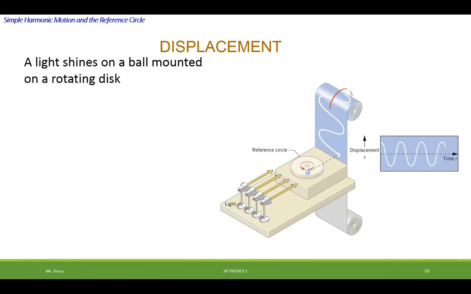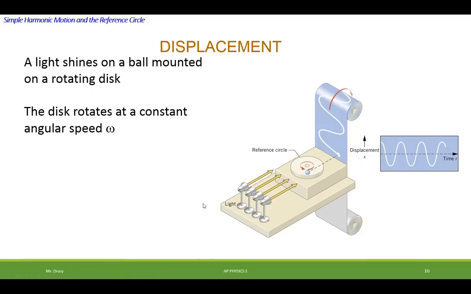All right, so imagine we have a disc that rotates, and on the disc you have a ball. You shine lights onto the disc, and what you end up having is this ball going around and around, but as it goes around and around, it makes a shape on the film of a wave, indicative of simple harmonic motion.